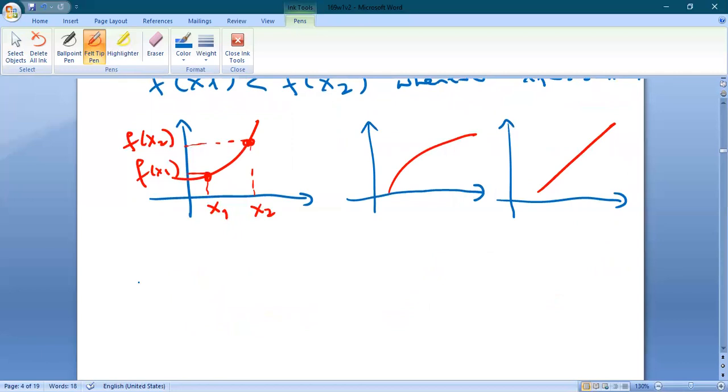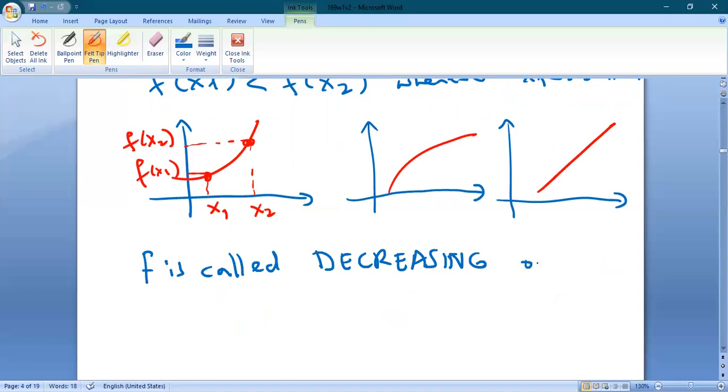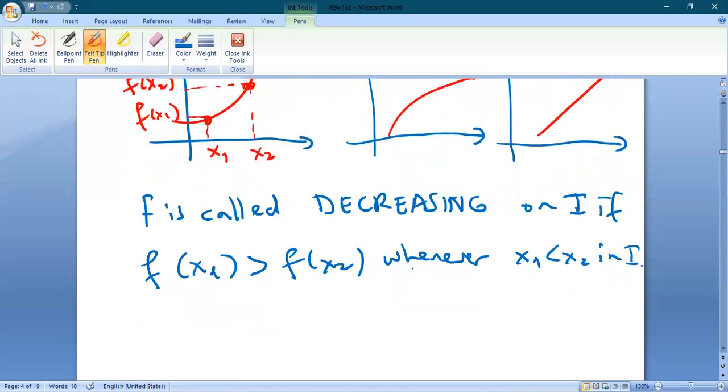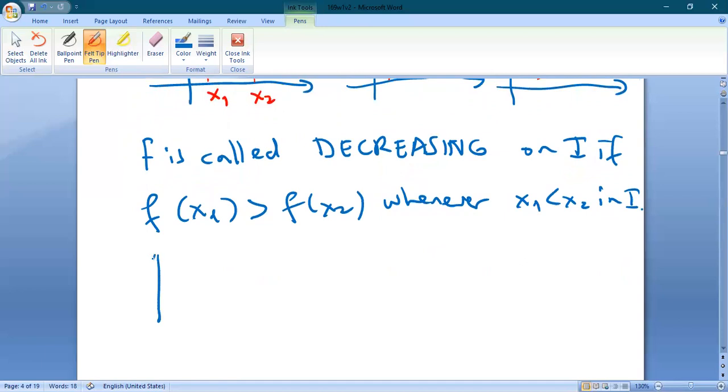And of course, the other way around is decreasing. Well, f is called decreasing on an interval I if f of x1 is bigger than f of x2 whenever x1 is less than x2 in the interval. So for that, we will have just the opposite case of graphs.